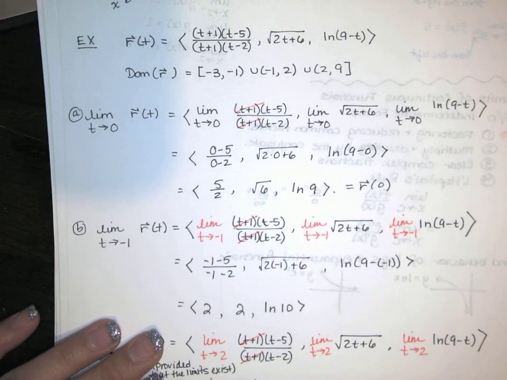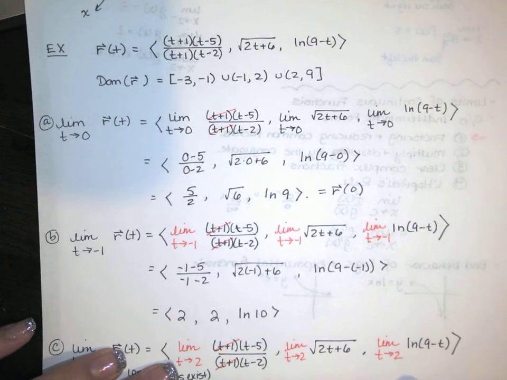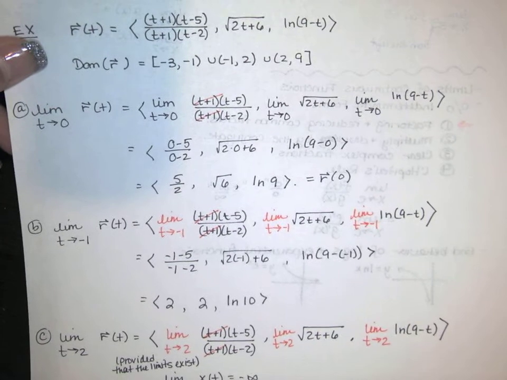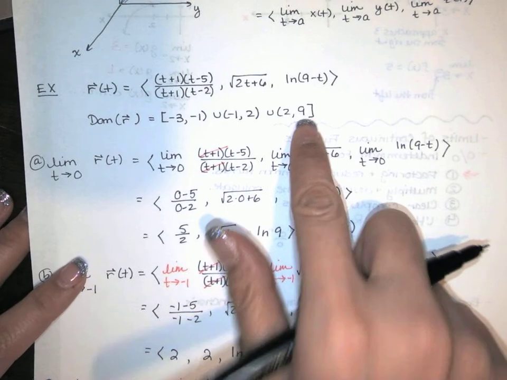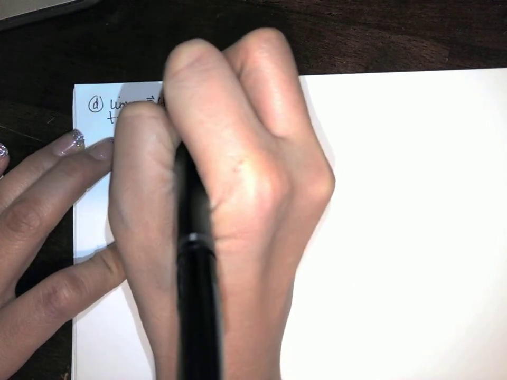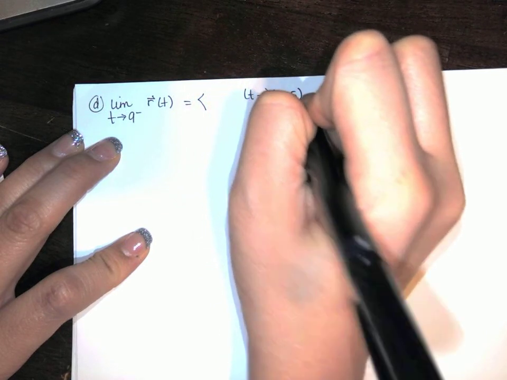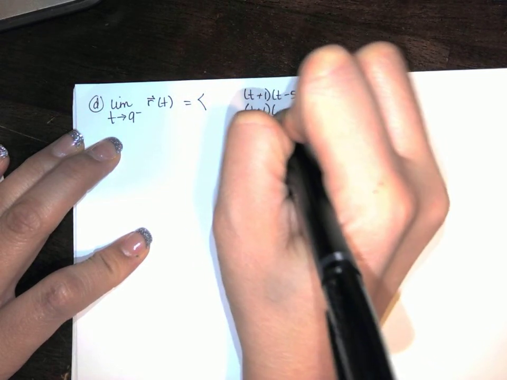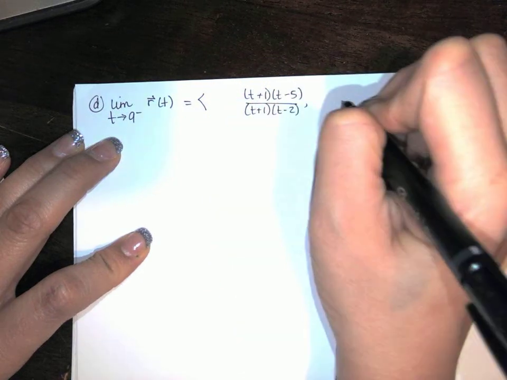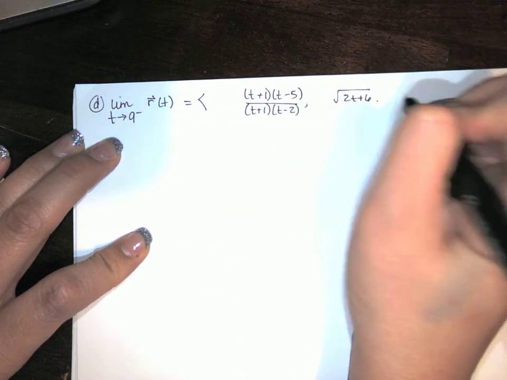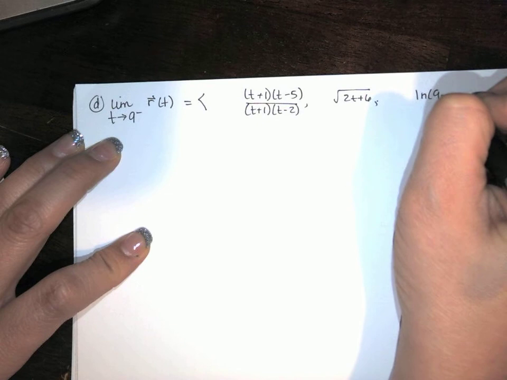How about 9? Do you see what would happen at 9? Let's take the limit as t approaches 9, let's say from the left, so that we're in the domain, and see what the limit is. Provided these limits exist, you just take the limit of the x component, the limit of the y component, and the limit of the z component.